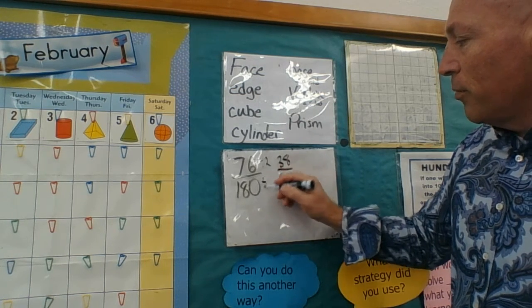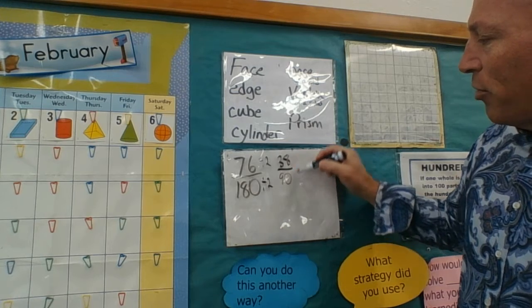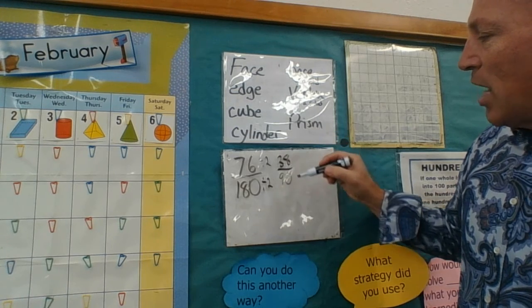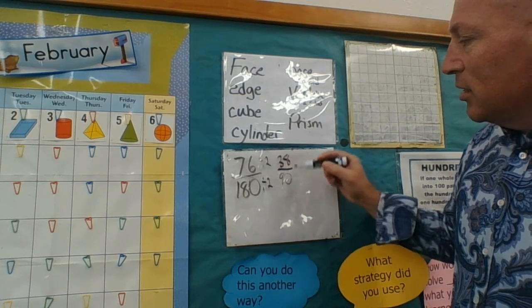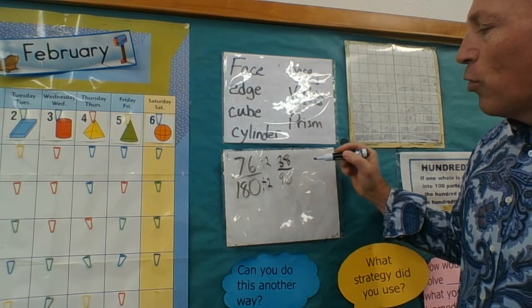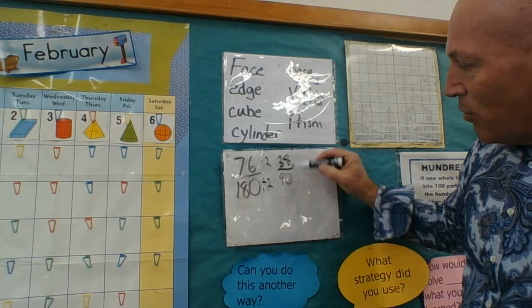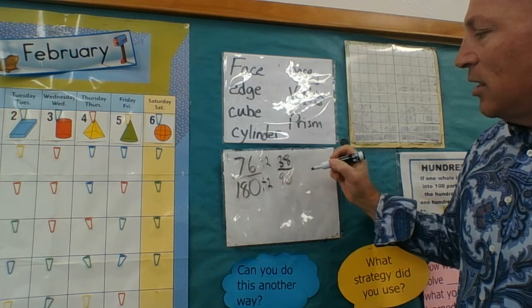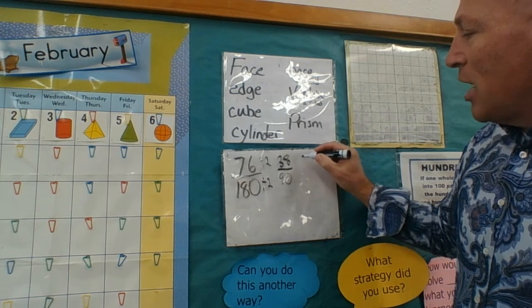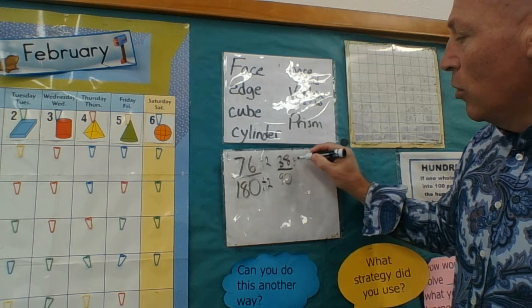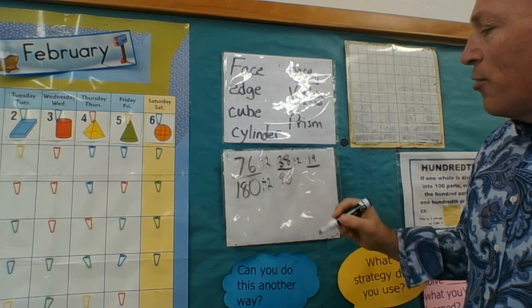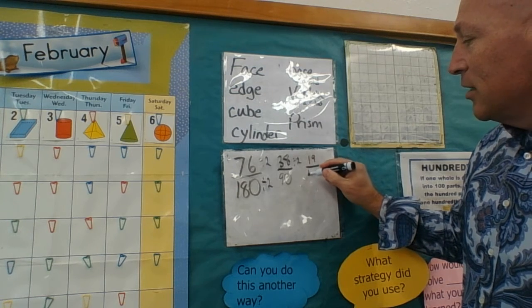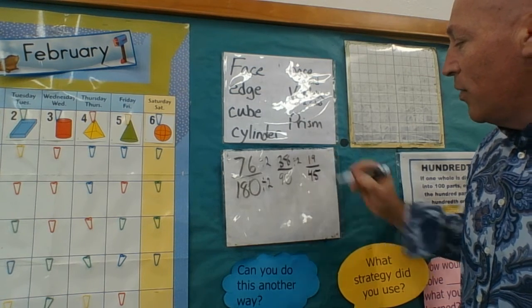Well, look, I see both are still even numbers. 38 is even and 90 is even. I know that because an even number ends in 2, 4, 6, 8, or 0, and I do have that. So I'm going to cut this in half again. I know that 38 divided by 2, or cut in half, is 19. And I know 90 cut in half is 45.